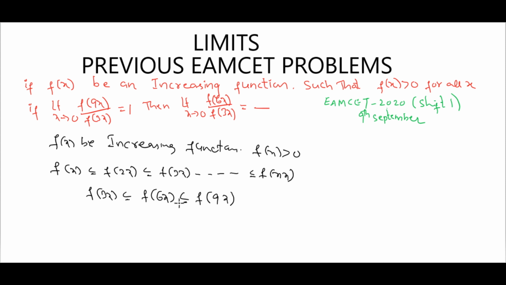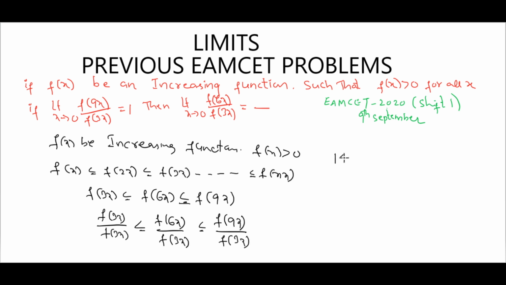In this inequality, dividing by f(3x), we get f(3x) by f(3x) is less than or equal to f(6x) by f(3x), which is less than or equal to f(9x) by f(3x). So f(3x) cancels, that is 1 is less than or equal to f(6x) by f(3x), which is less than or equal to f(9x) by f(3x).